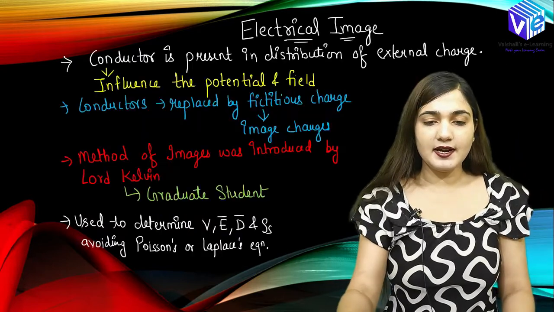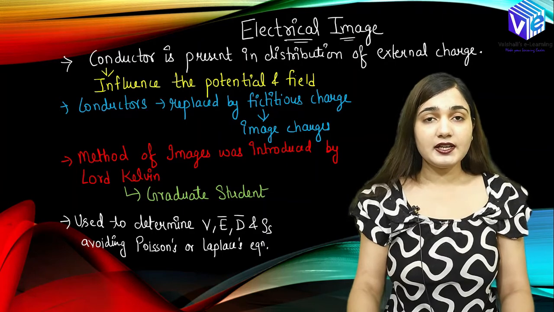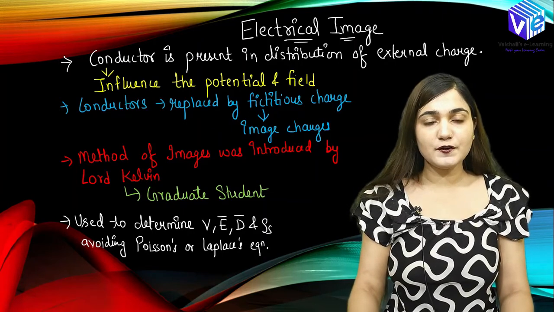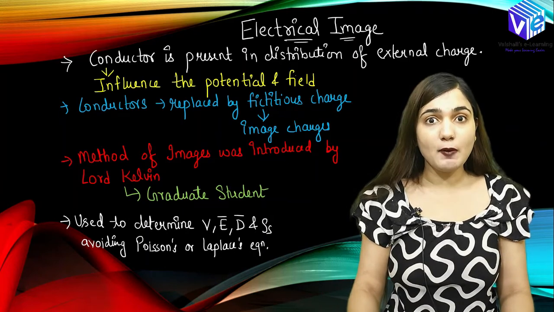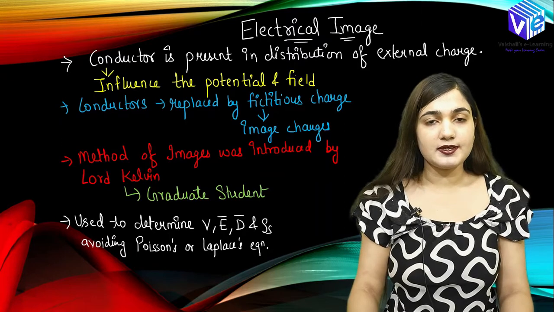So let's understand what an electrical image is first. The electrical image concept, first of all, we are going to discuss this, and after that we will be seeing what problem it is going to create with the help of the various parameters, right?